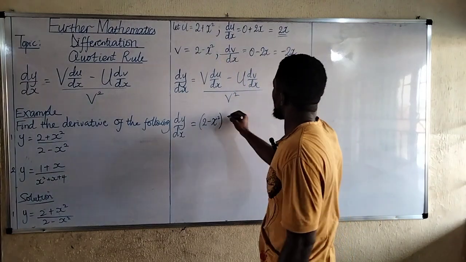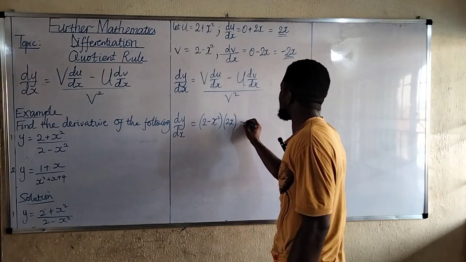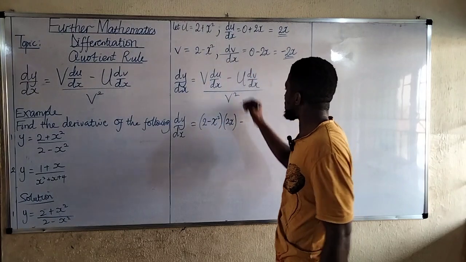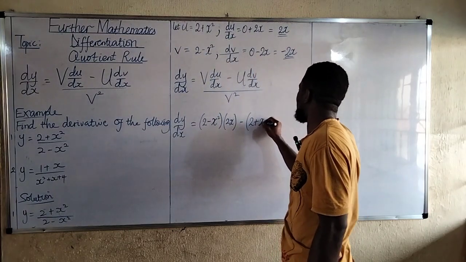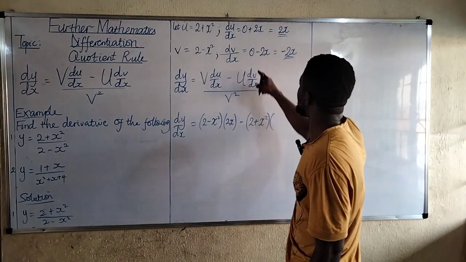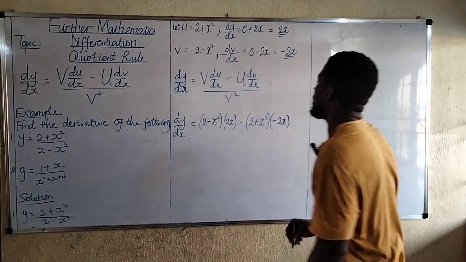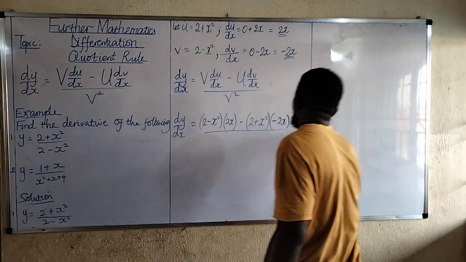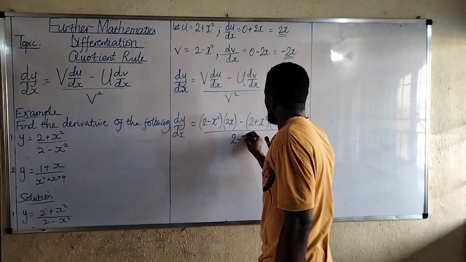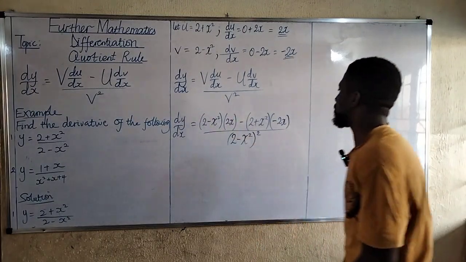Du over dx is 2x, we put 2x. Okay? Bring the negative sign here. What is our u? Our u is 2 plus x squared. We put it here, 2 plus x squared. Close the bracket, open another bracket. What is our dv over dx? dv over dx is negative 2x. Okay. All over, what is our v? Our v is 2 minus x squared. But here it is squared, we enclose it and raise to power 2.